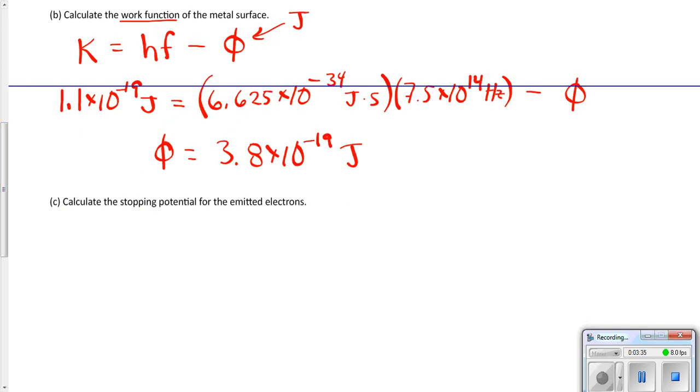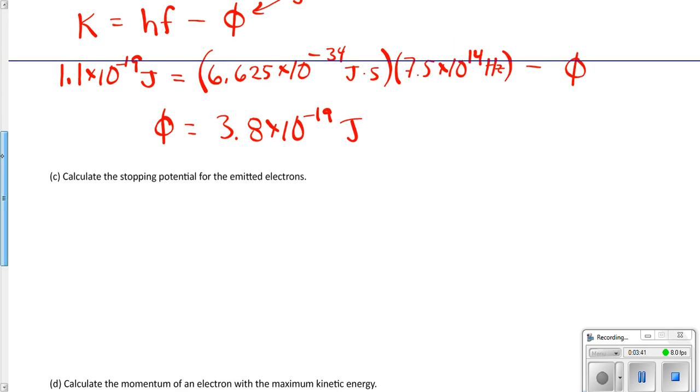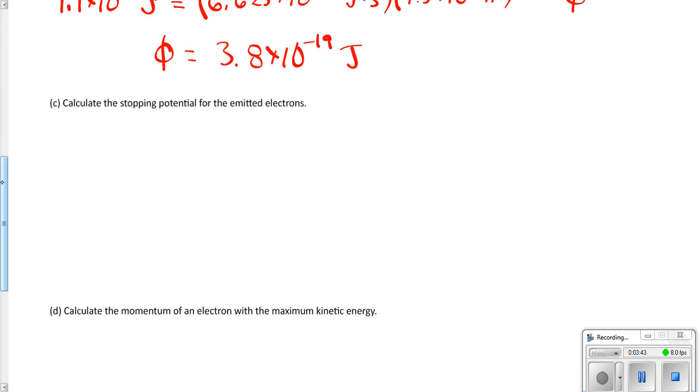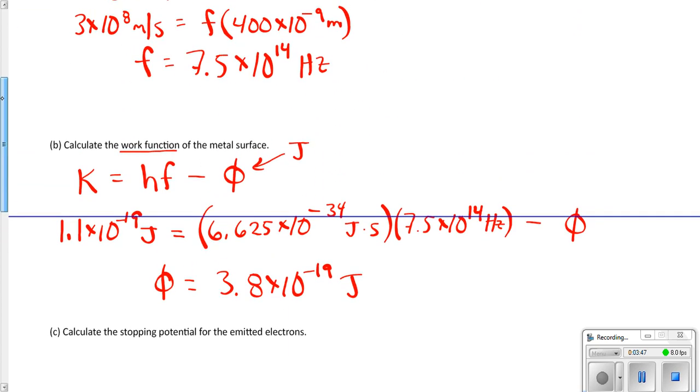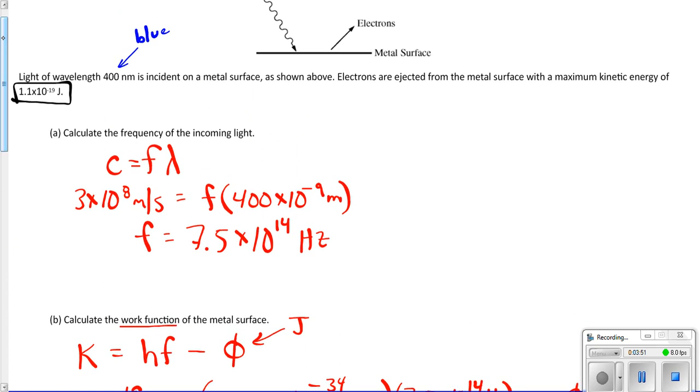Now the stopping potential for the emitted electrons, that is how much potential it would take to stop the electrons after they are emitted from the metal itself. So it's not going to have anything to do with the work function. It's going to have to do with the amount of energy that the electrons left the metal with, because that's the amount of energy you need to take away from them in order to get them to stop.